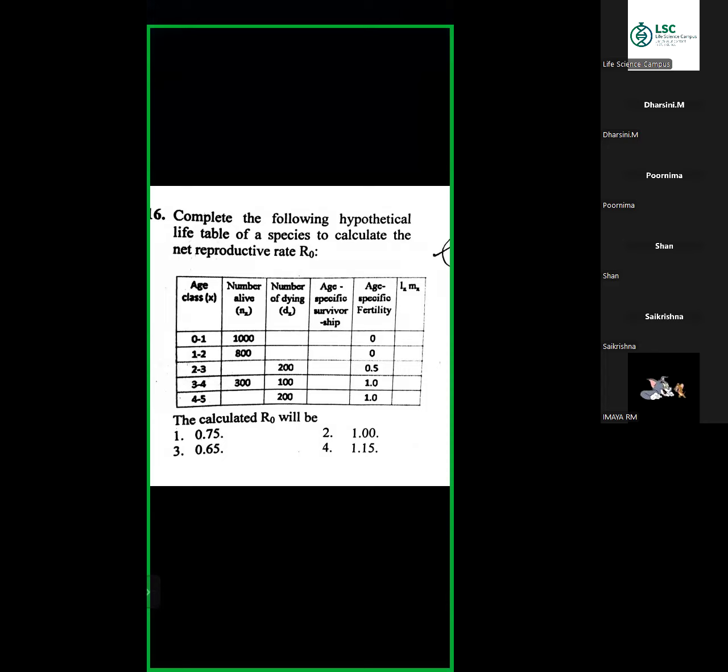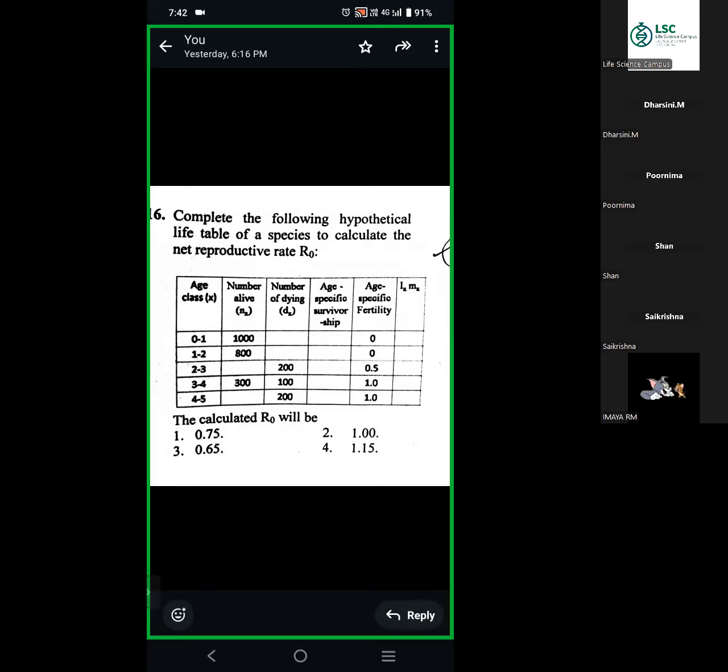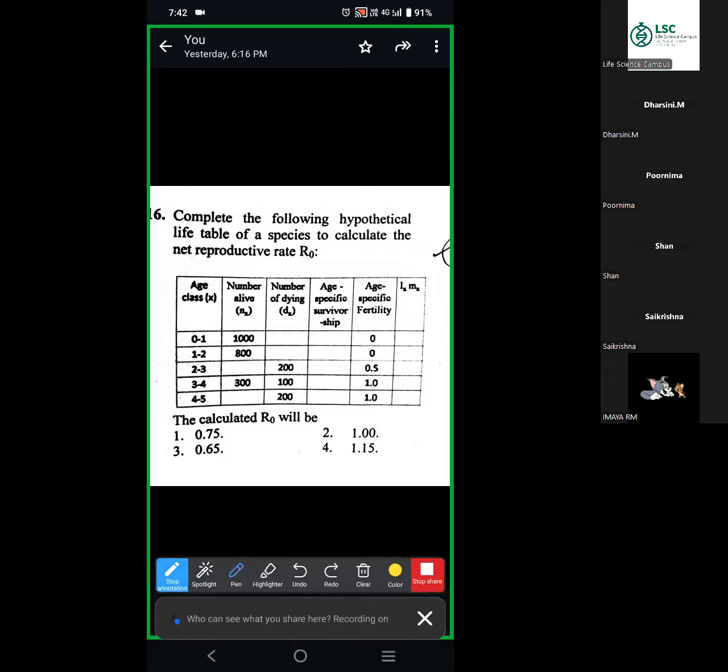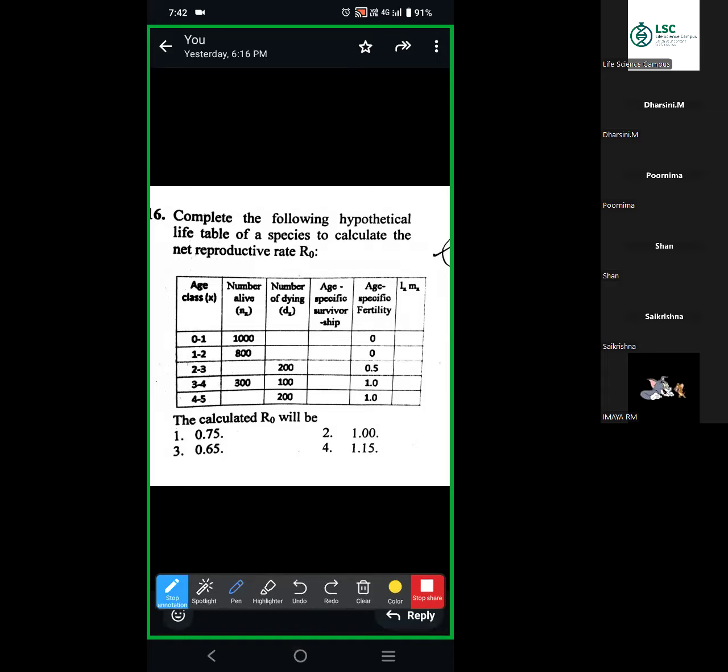So in this table, firstly we have to find out nx and dx. Here we have this 1000.